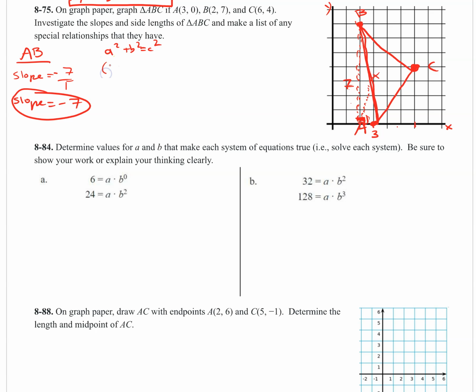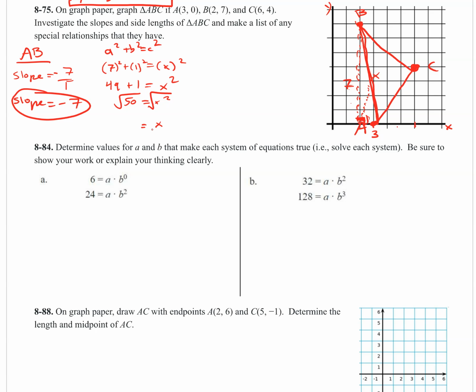So we get 7 squared plus 1 squared equals x squared. 7 squared is 49, plus 1 squared, which is 1, and then x squared. So that's 50 equals x squared. Or to get x, you take the square root on both sides. And the square root of 50, I'll write it as a decimal.